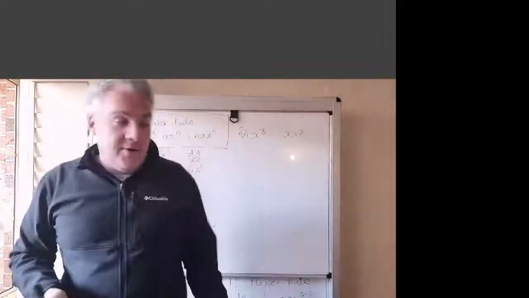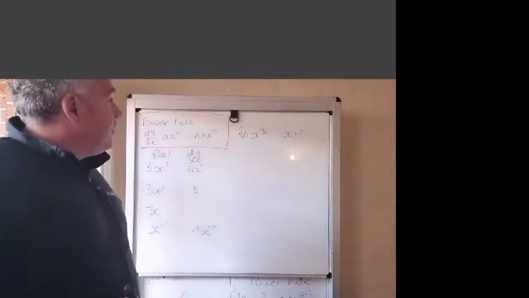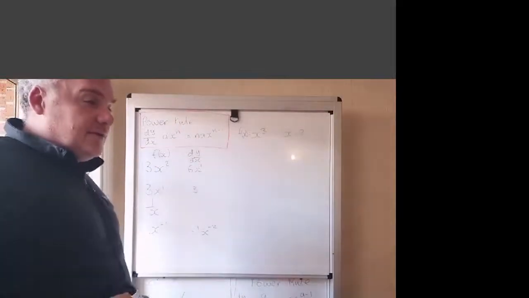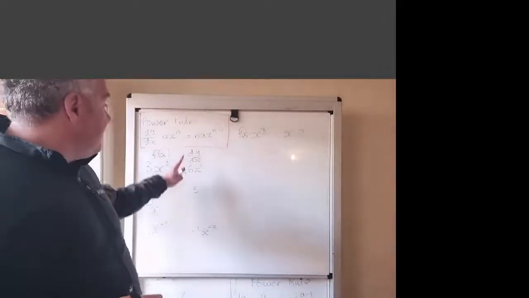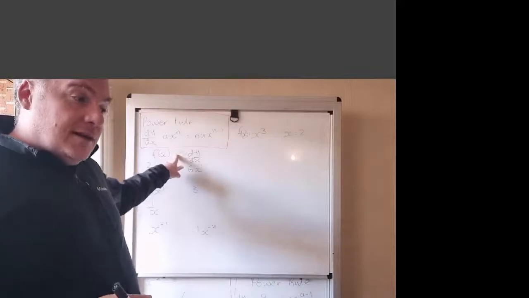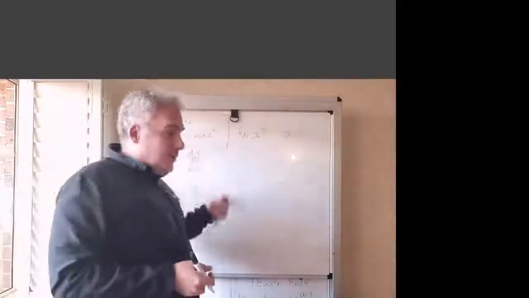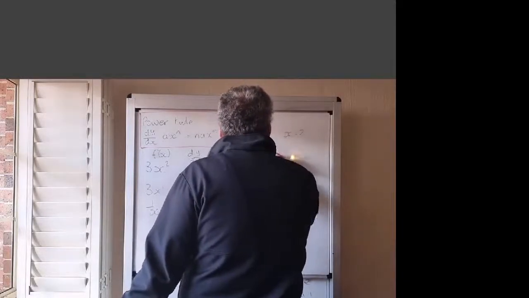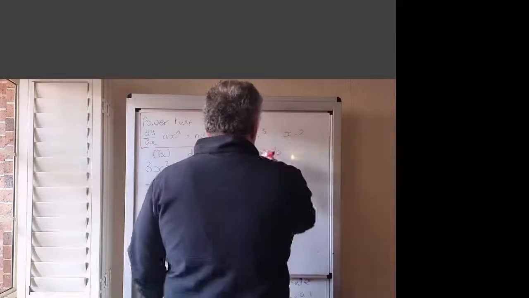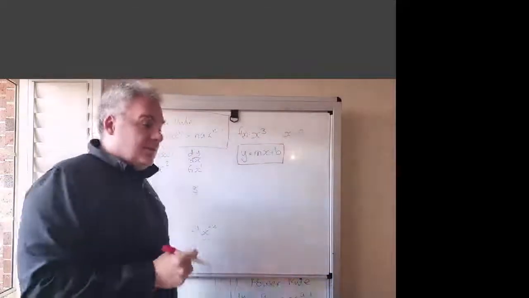Okay, so that's our question. We've got to find a tangent to x cubed at x equals 2. I'm going to need a few rules for this. I'm going to first of all need the power rule, and second of all need to know my equation of a line, which is y equals mx plus b. And with those two things, we should be able to work this out, no worries.